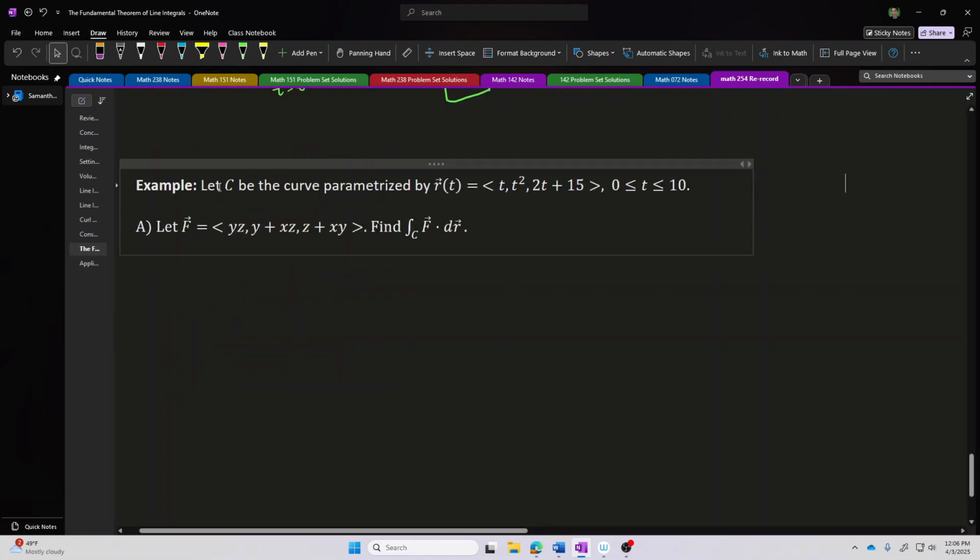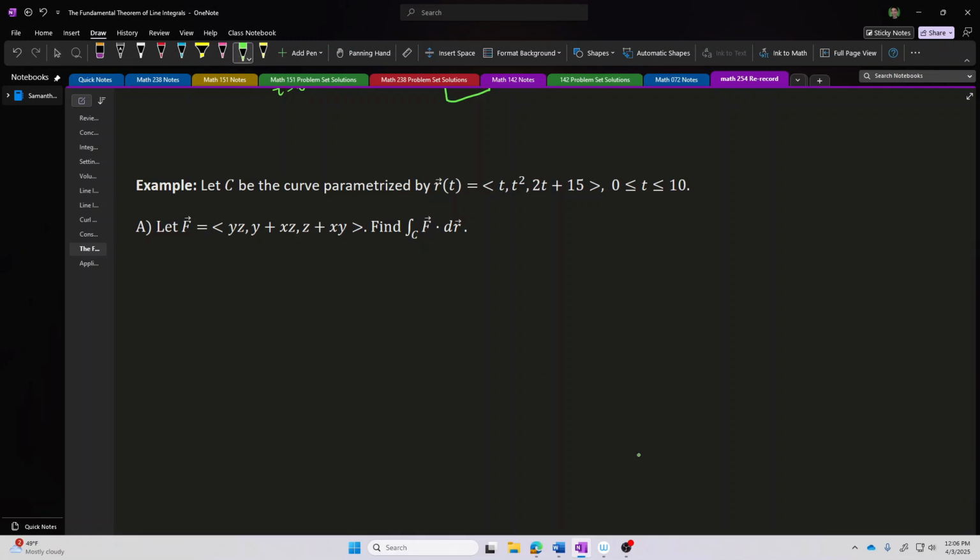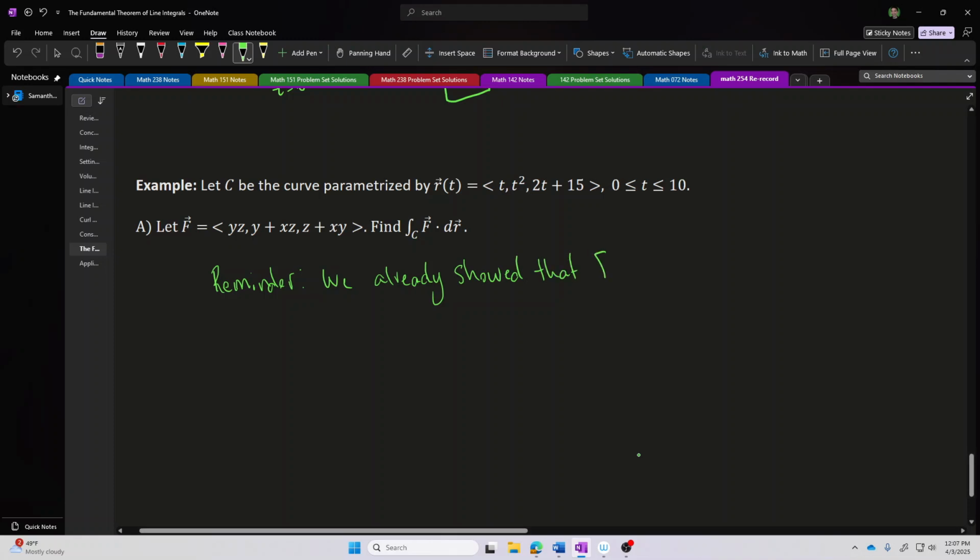Someone says if you have a curve C parameterized by this formula, go ahead and find the line integral of this vector field over the curve C. So I'm going to remind myself that we already showed that capital F was conservative with potential function, what was it?